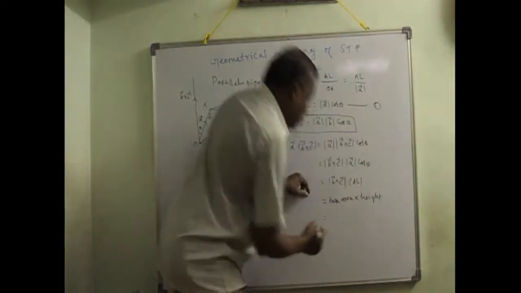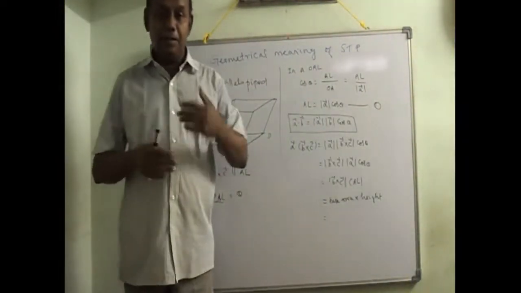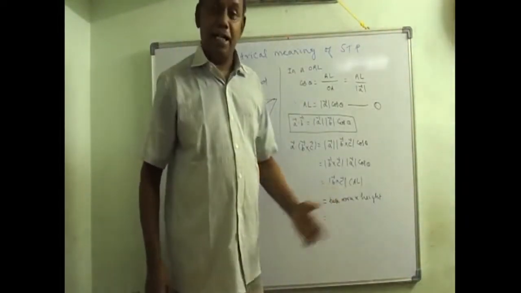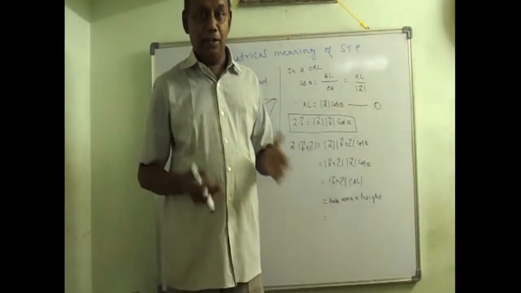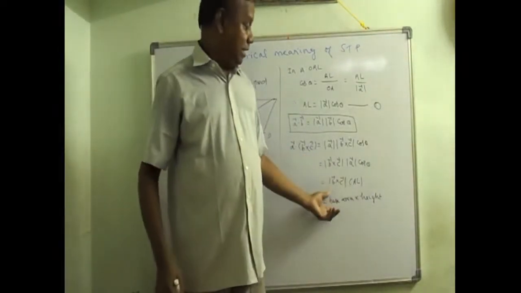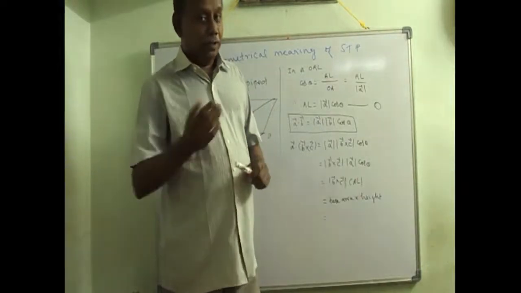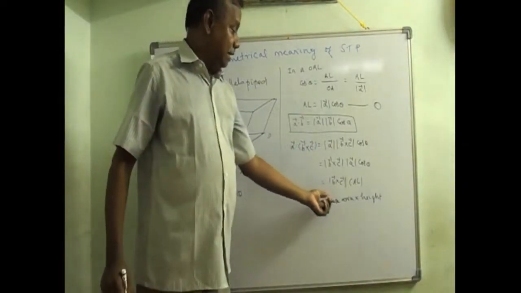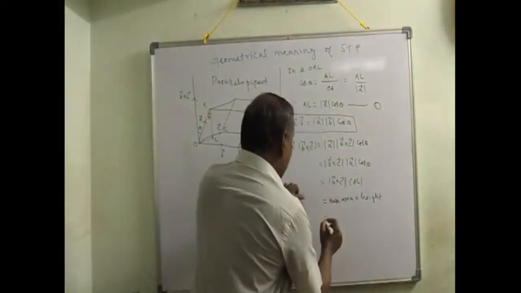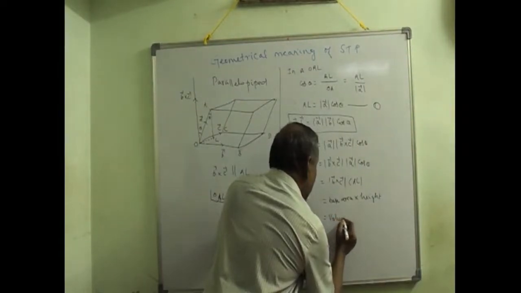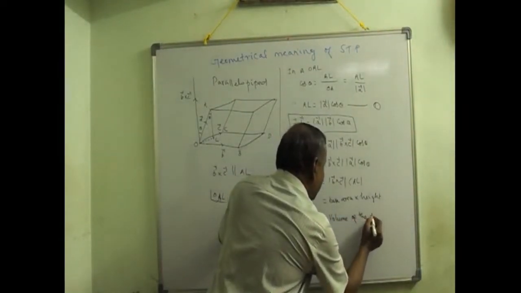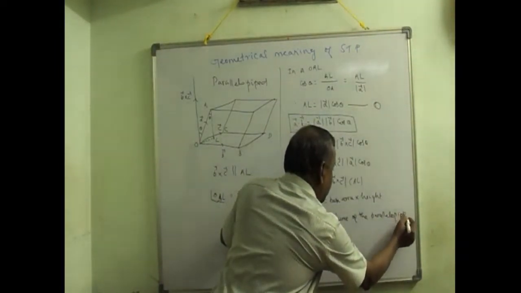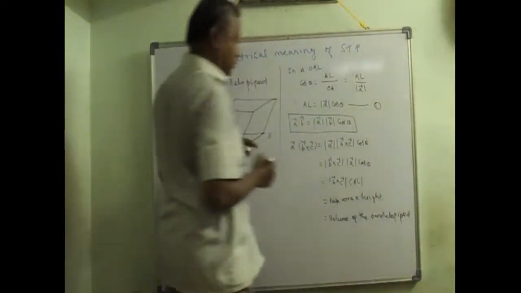Generally in a regular three-dimensional object, we know that base area into height is the volume. In cylinder, cone, everywhere we have learned that base area and height give the volume of the three-dimensional object. Likewise, here A vector dot B vector cross C vector is base area into height, that is equal to the volume of the parallelepiped.